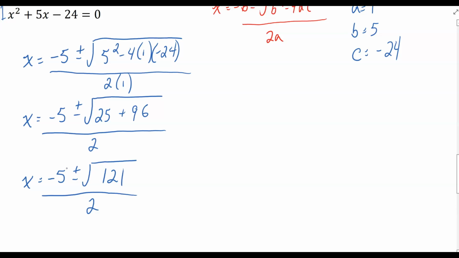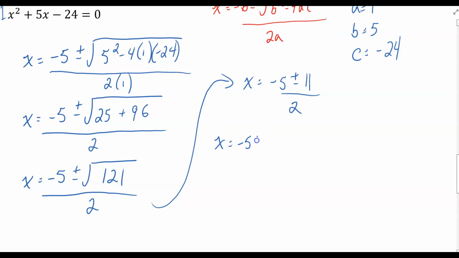Since it is a perfect square, then I will do x equals negative 5 plus or minus 11 over 2. And now I can't do any more, so I must start to find the two possible values. X equals negative 5 plus 11 over 2, or x equals negative 5 minus 11 over 2.